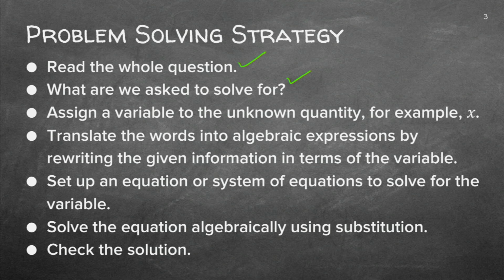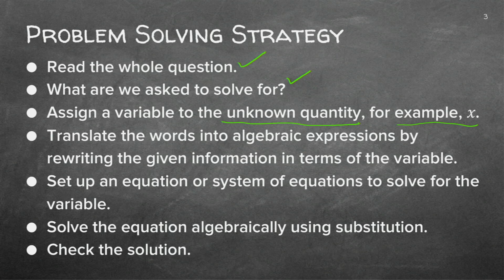And thirdly, assign a variable to the unknown quantity. So we need to assign a variable to whatever unknown quantity, for example, x. We've always used x in mathematics. We've used x, we've used y, or any other variable that is out there, but you need to assign at least one variable.